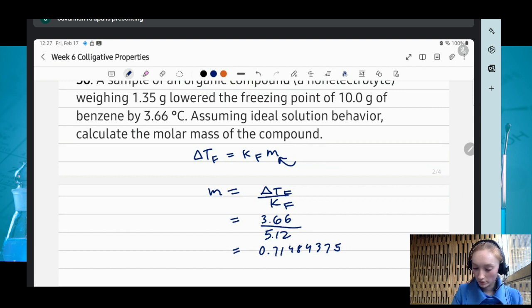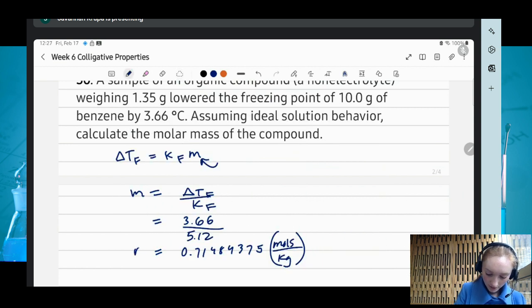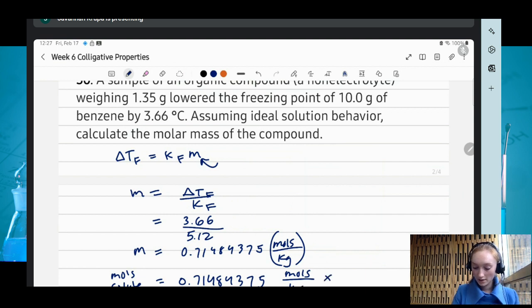And because this is in moles per kilogram, so it's moles of solute divided by kilograms of solvent, the solvent in this situation is going to be the benzene. And so because it's the benzene, we can find the moles of solute if we multiply the value that we just found by the 10 grams of the benzene.